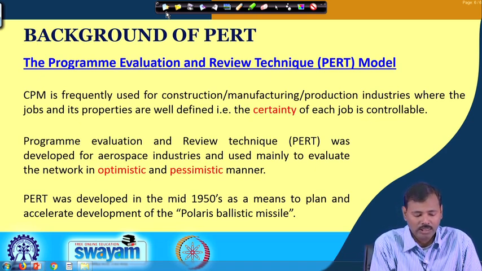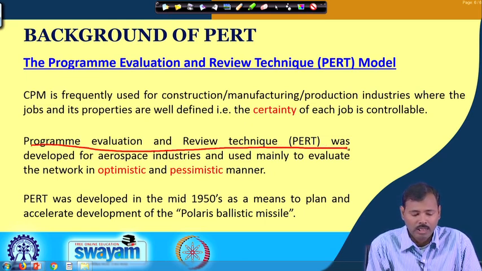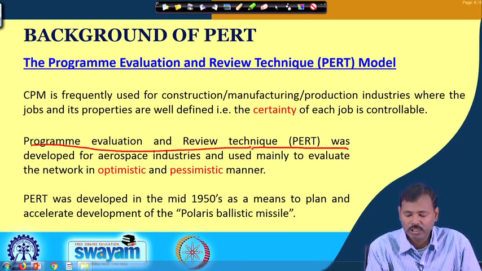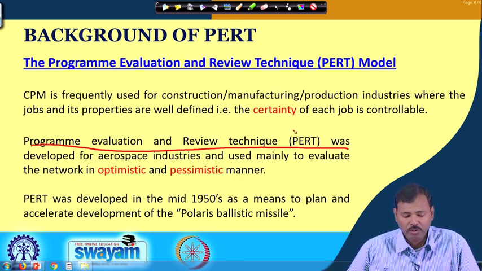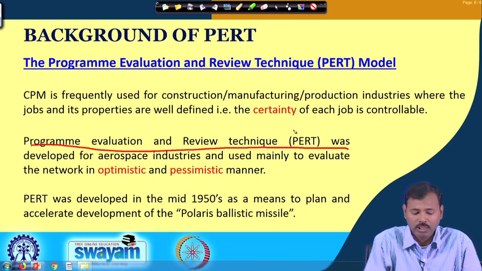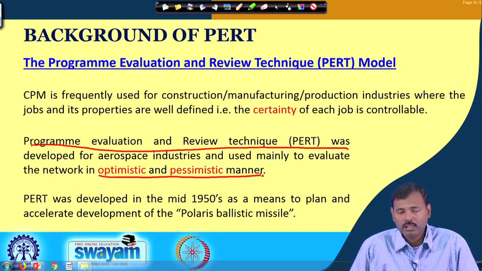However, in other cases the uncertainties are lying, and program evaluation and review technique, which is called PERT, was developed for aerospace industries and used mainly to evaluate a network in an optimistic and pessimistic manner. So, let us see some historical perspective of this before going into the details.